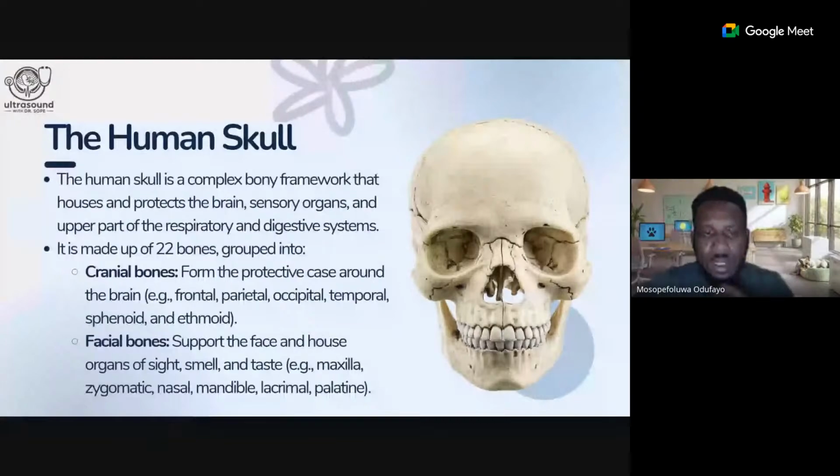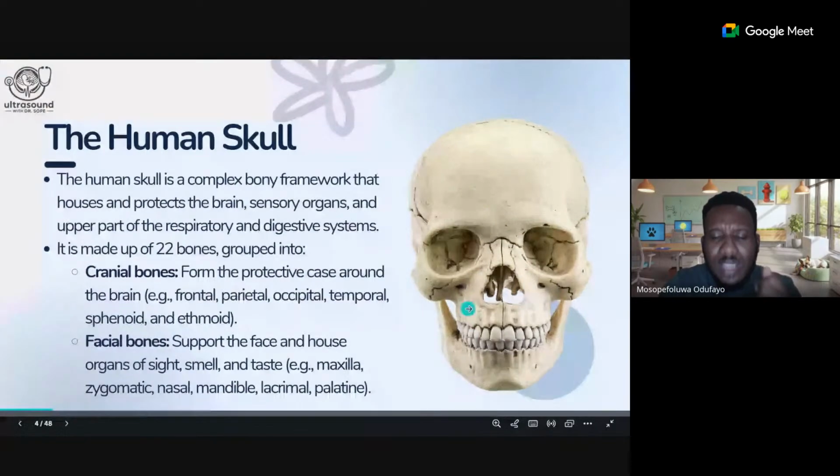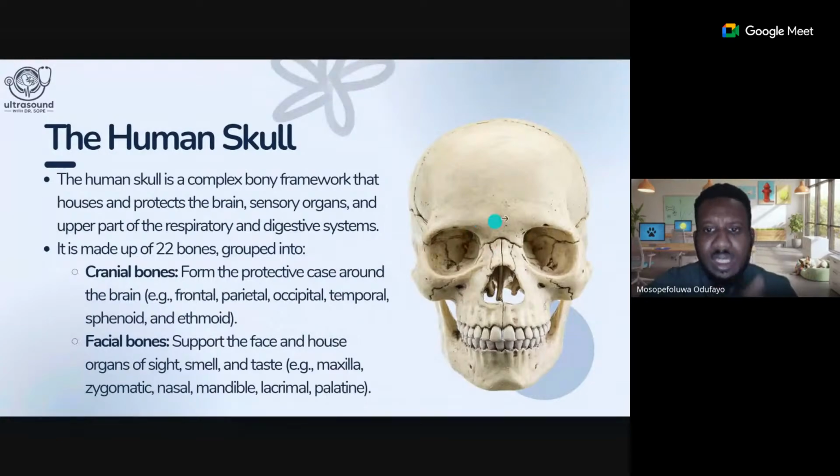In understanding the anatomy, it's very important we start from a broader perspective and narrow it down to our major region of interest. So this human skull that you see, which protects the brain, sensory organs, upper part of the respiratory system, and digestive system, contains 22 bones. Just 22 bones. We divide these bones into the cranial bones, the bones of the cranium, which is like the skull cap, and the facial bones.